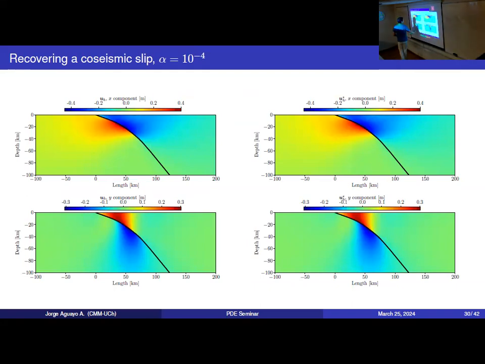So on the left, given a jump, we obtain this solution for the x and y component of the displacement. We solve the optimal control problem, and we obtain the optimal states. Can you see a difference? It's almost equal, with some very little details here and here.